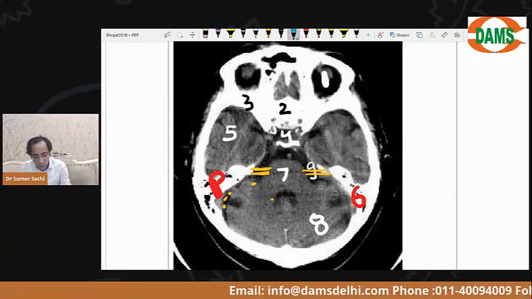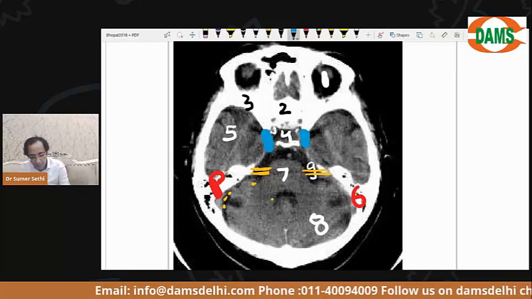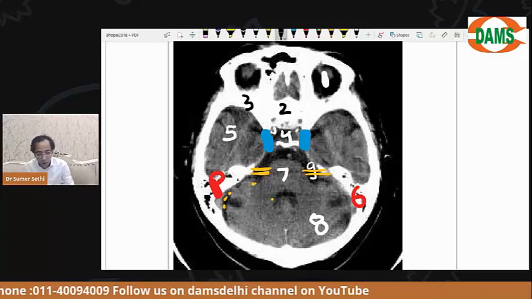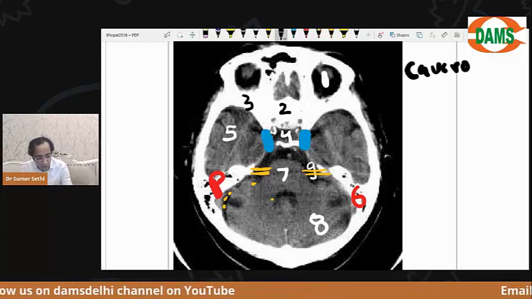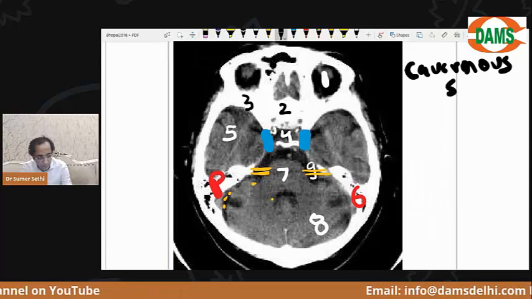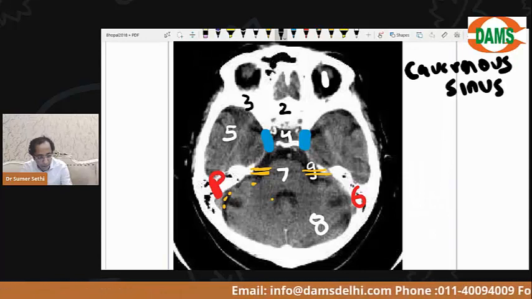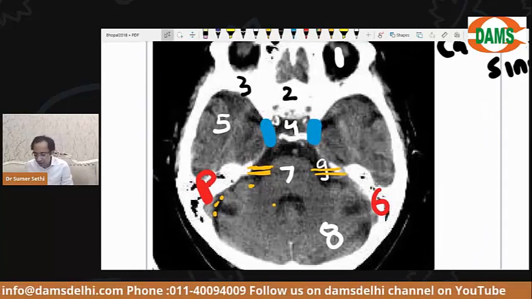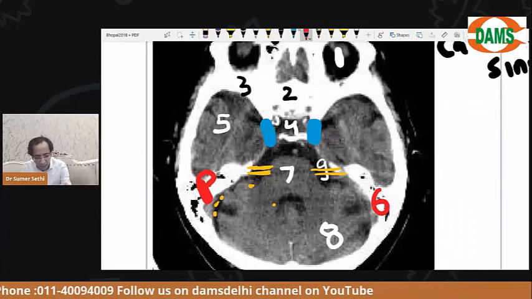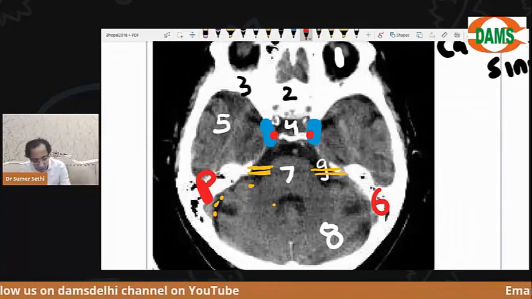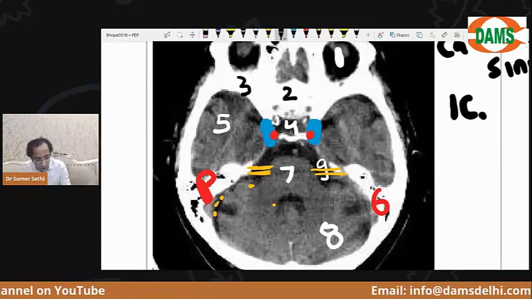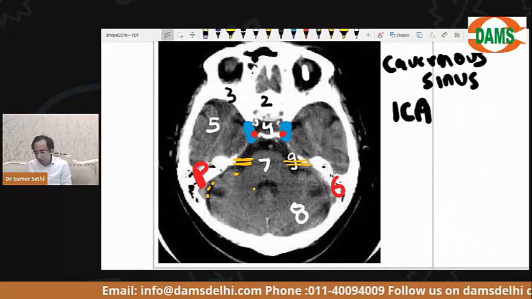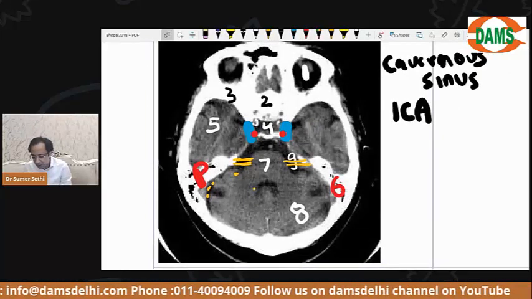On either side of the sella turcica, we have something called the cavernous sinus. Medial to the cavernous sinus, we have a blood vessel called the internal carotid artery.